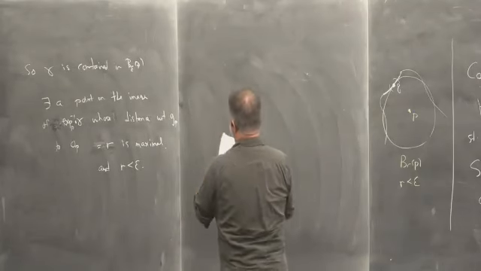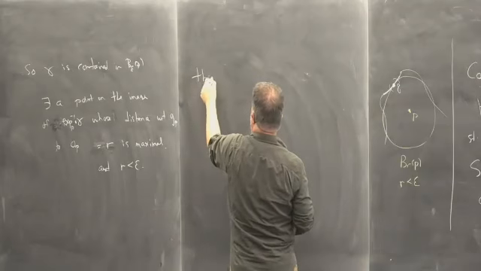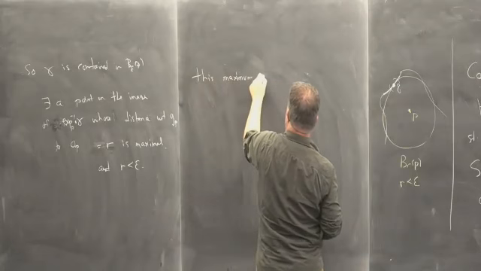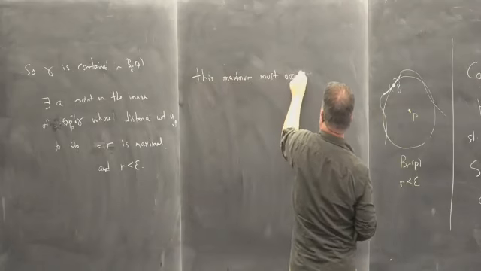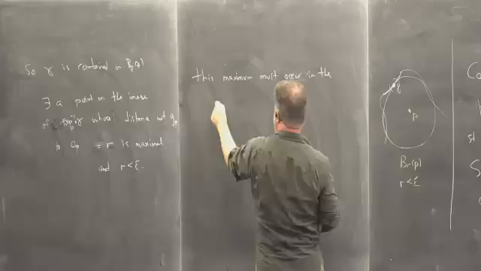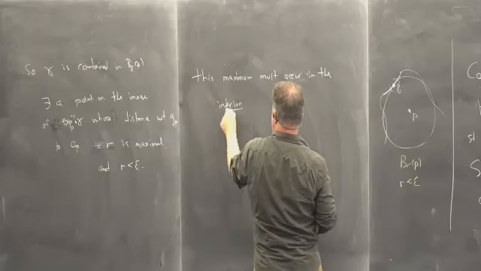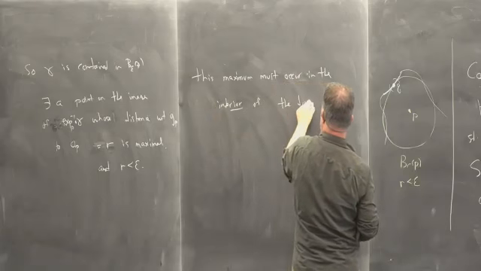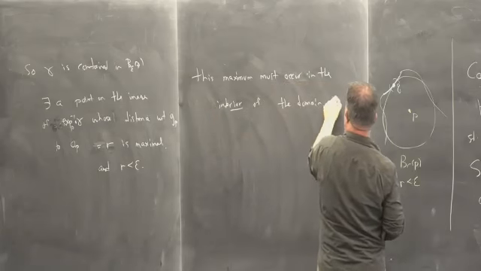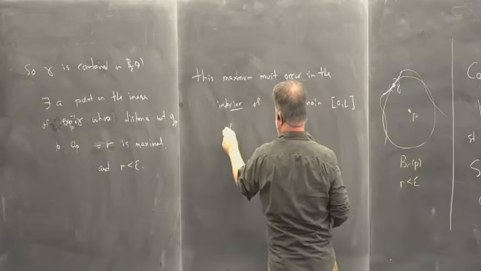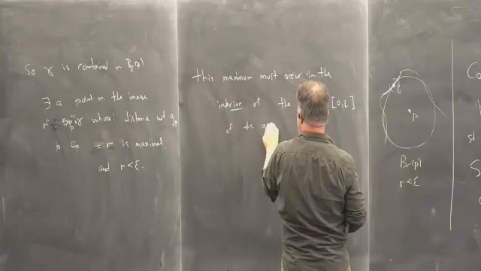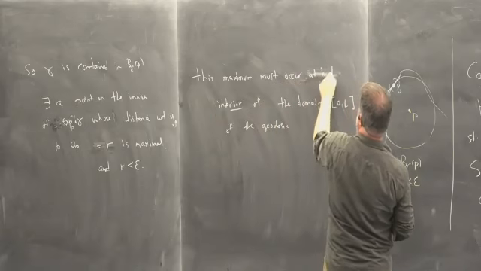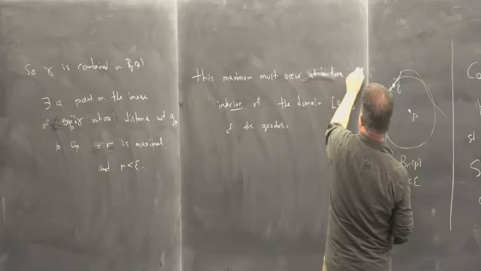So we note this maximum must occur in the interior of the domain zero to L of the geodesic, at a time in the interior.